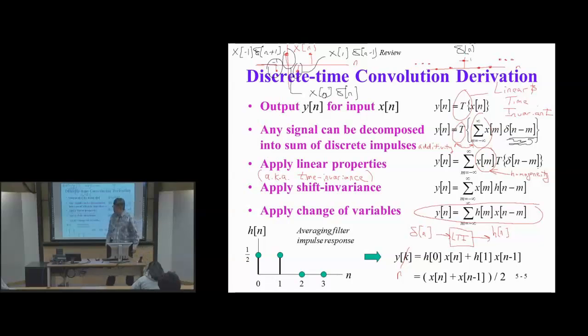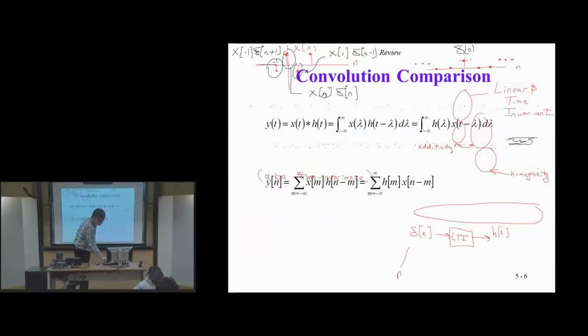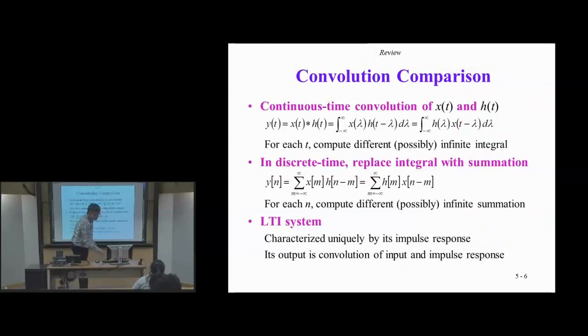Okay, let's now talk about the difference between continuous time convolution and discrete time convolution, and we'll do an animation. So continuous time convolution: if I convolve two signals x and h, I have a placeholder variable of convolution. Here I call it lambda. We're going to integrate that out. We hold one signal in place. Here I'm going to hold x of t in place and flip and slide h about x.